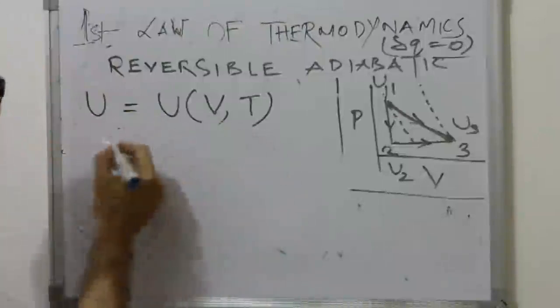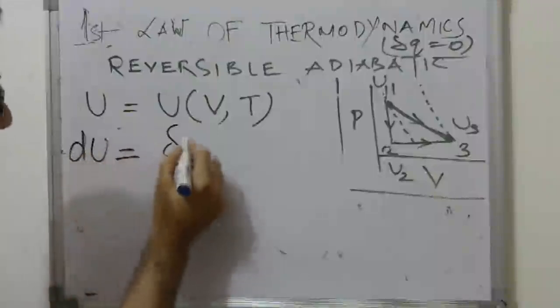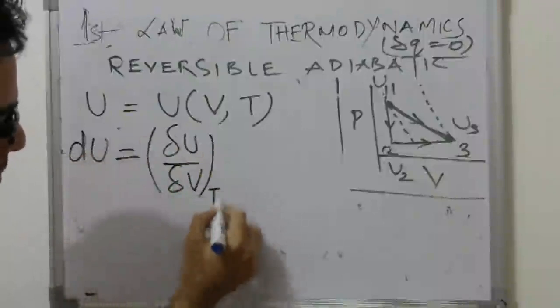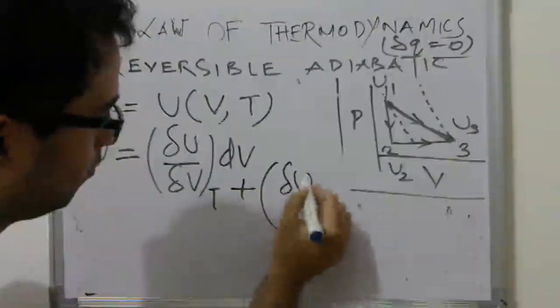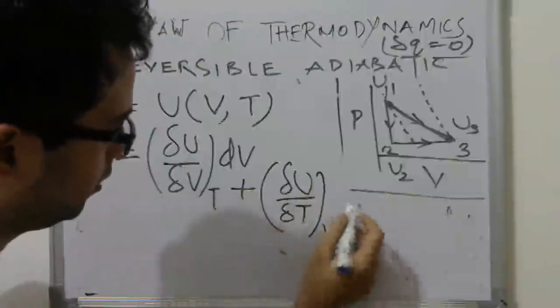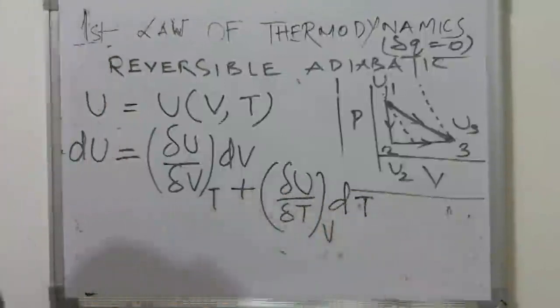So if I take a complete differential here, I will have del U del V at constant temperature dV plus del U del T at constant volume dT, right?